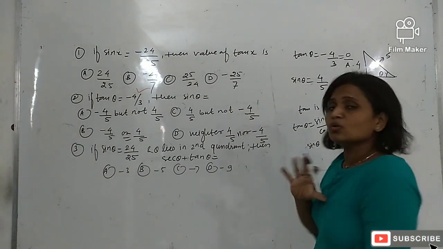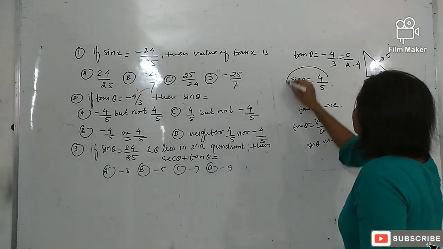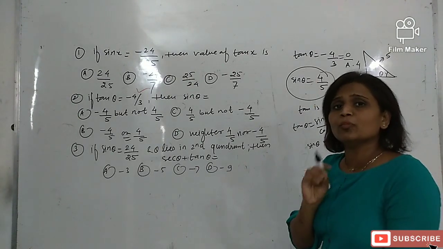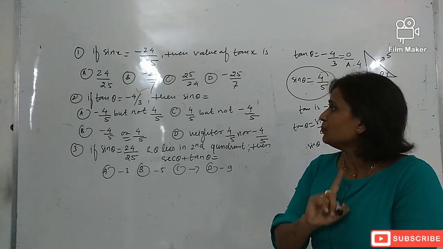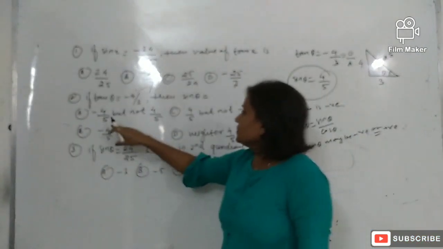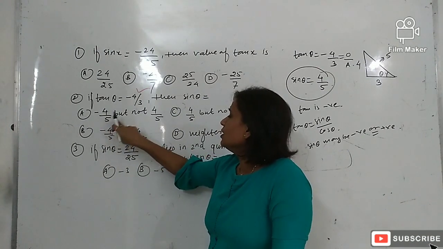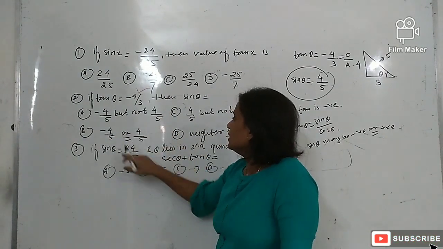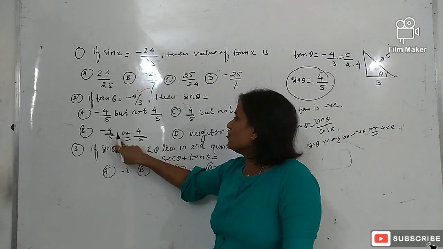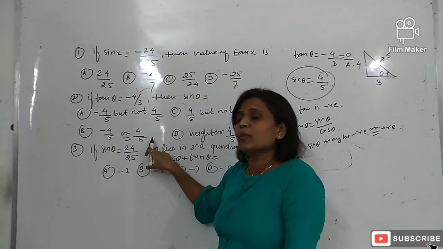So we know the value of sin theta. Sin theta value is definitely 4 by 5, but it may be negative or it may be positive. The first option is minus 4 by 5 but not plus 4 by 5, so it is a wrong option. Then option B is minus 4 by 5 or plus 4 by 5.